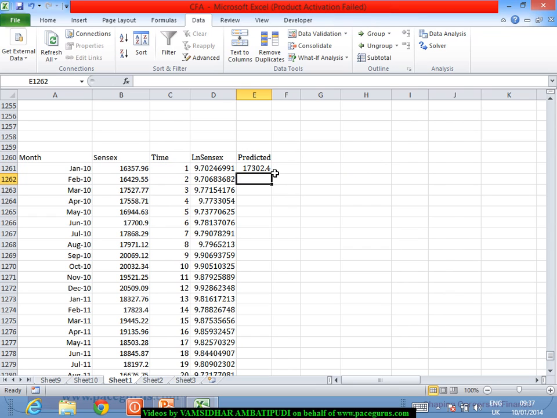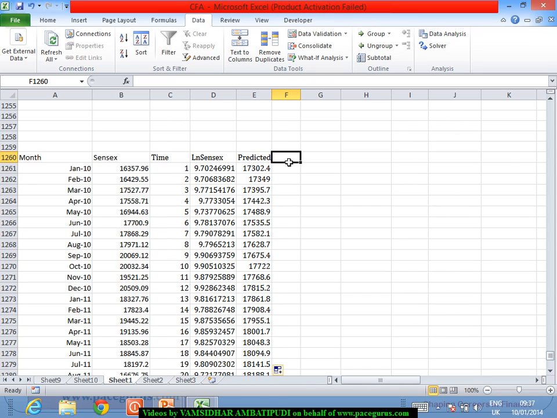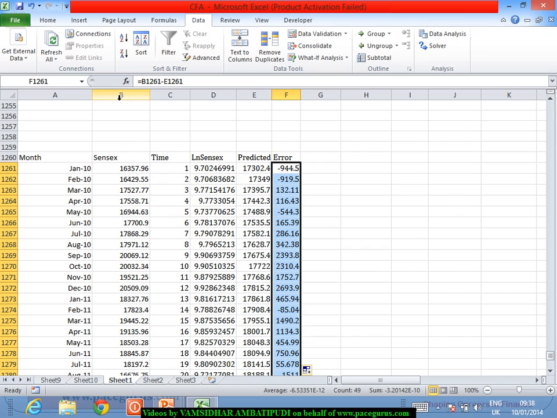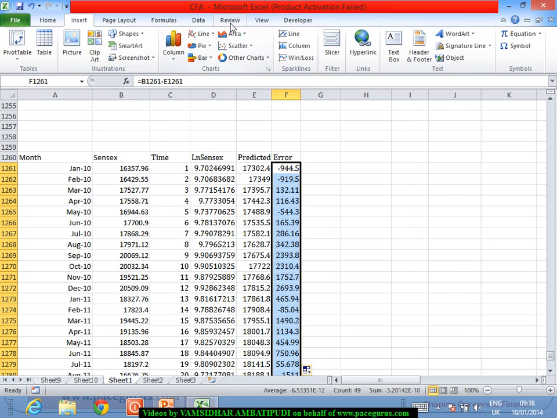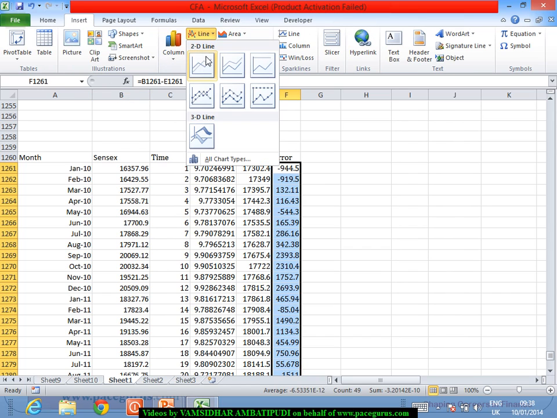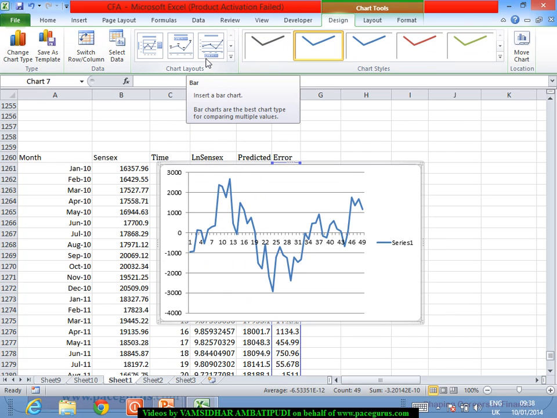The predicted value would be something like this, and the error is the actual value minus the predicted value. If I plot a graph of these errors, you see some kind of pattern is there.